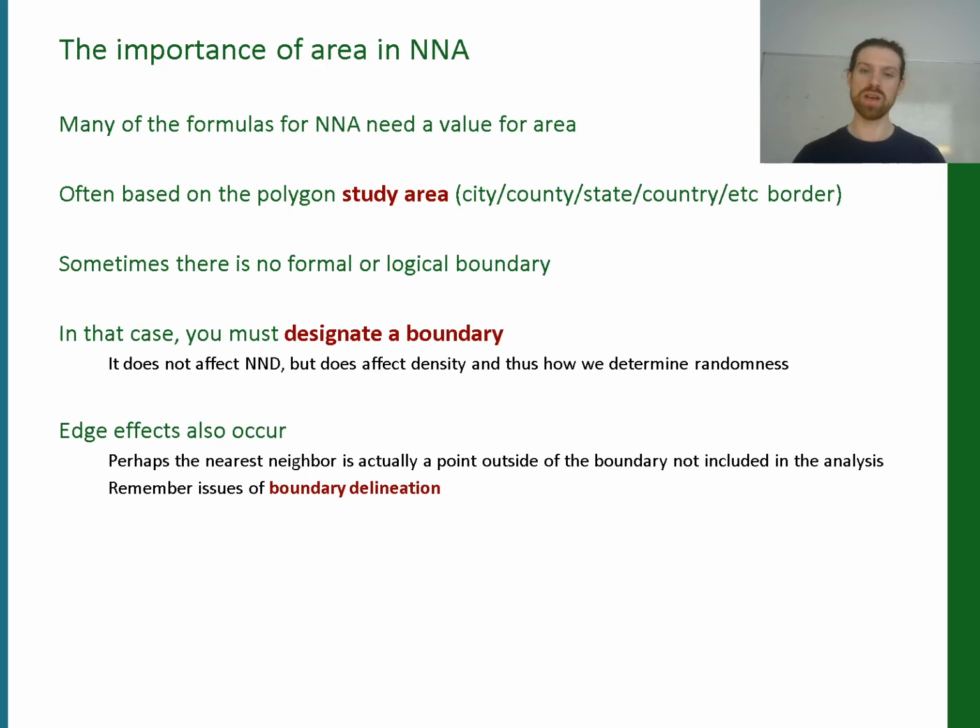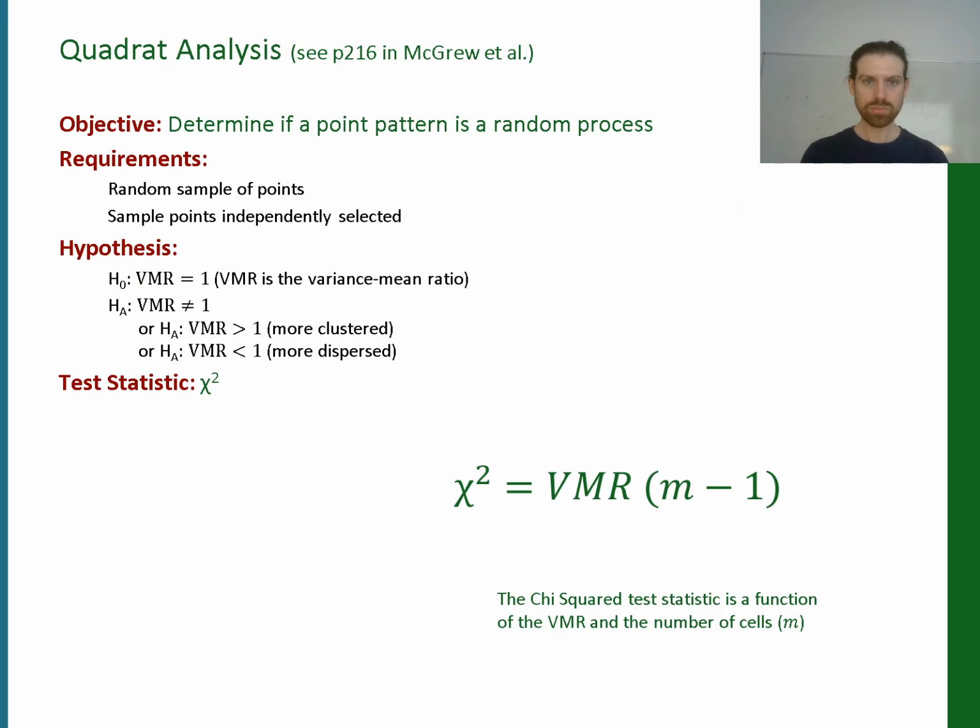So that could be a city boundary, county, state, country, etc. Whatever you want to use to define your problem that you're studying. And then if you've got no formal or logical boundary, then you need to designate one, which obviously introduces additional issues because, whenever you impose a boundary on something, you're going to be encountering all of those boundary delineation issues or modifiable areal unit problem issues that we've already raised at previous points of the course.